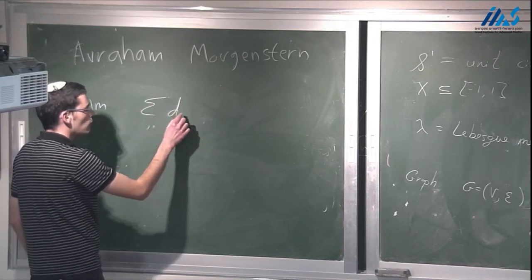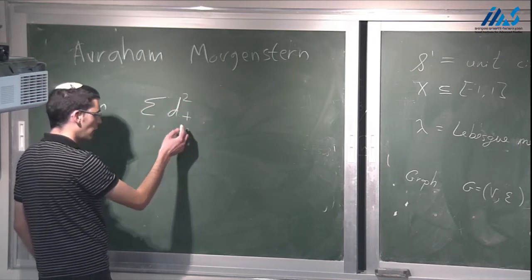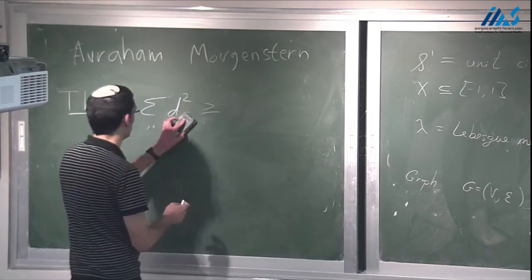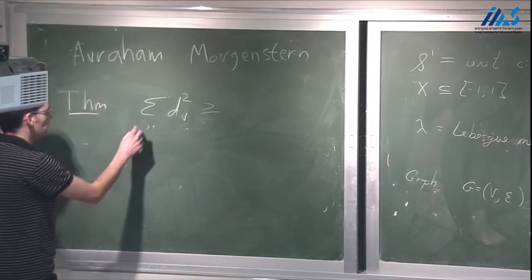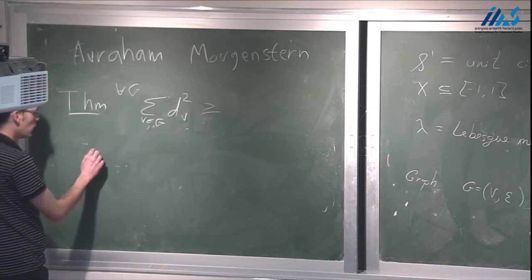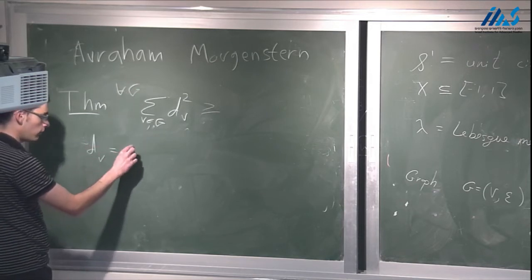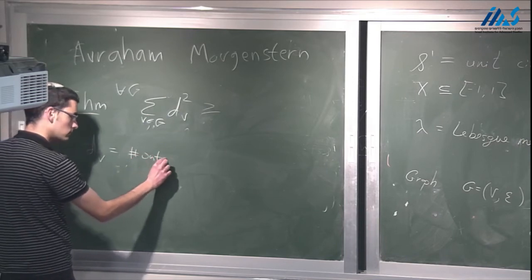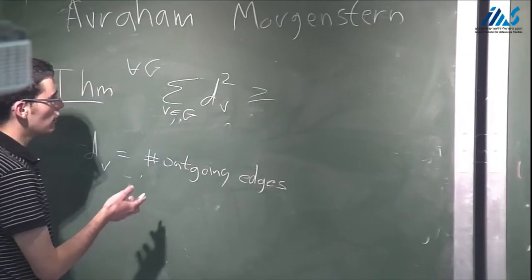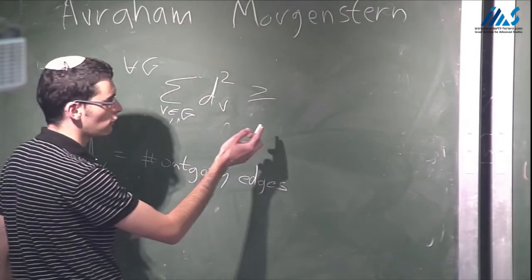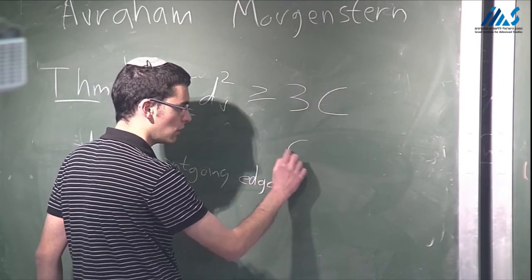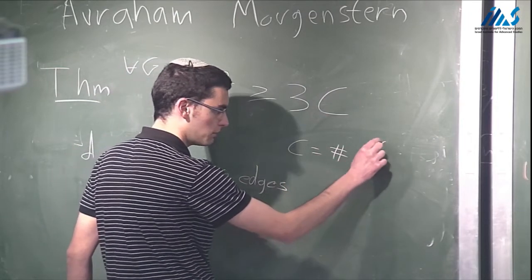For every directed graph G, the sum of the squares of the out degrees, where the degree of v is the number of outgoing edges, is at least 3 times the number of cyclic triples. So C is the number of cyclic triples.